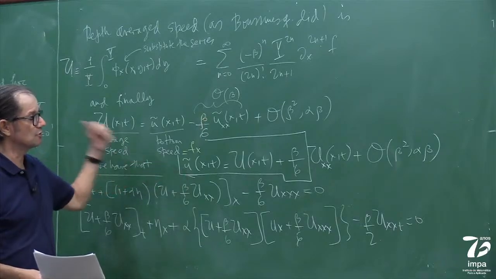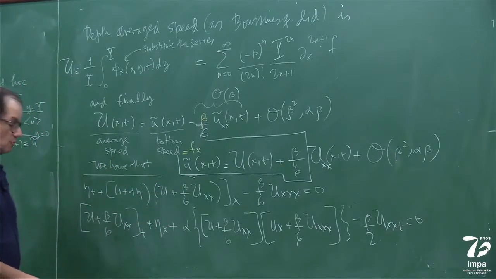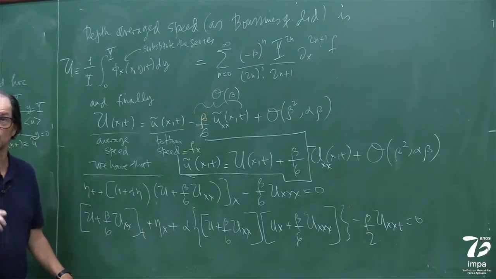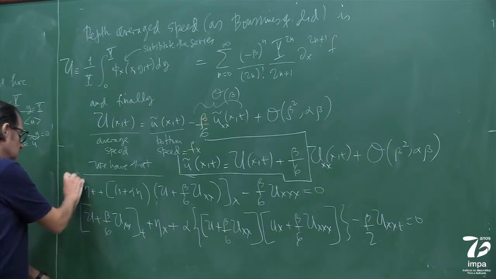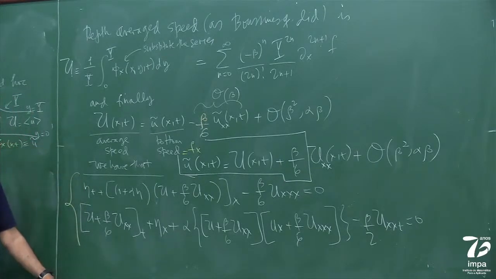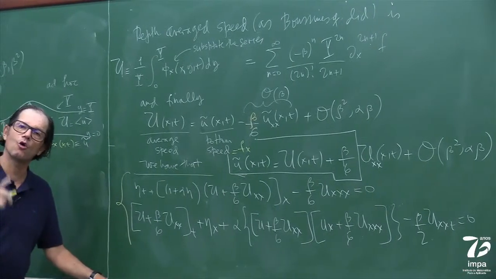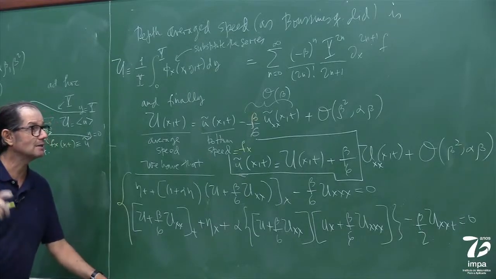And then you get this. Then you plug this into the equations, you get that. And then you're going to get here higher order terms that you have to throw away. And that's basically the final thing I'll do today, right? So from this system here, since I'm doing a weakly nonlinear, weakly dispersive approximation, which means I will only keep order 1 in alpha and order 1 in beta, right?